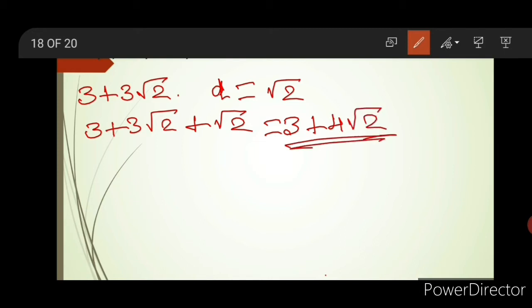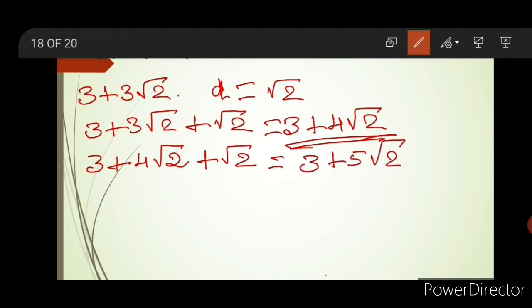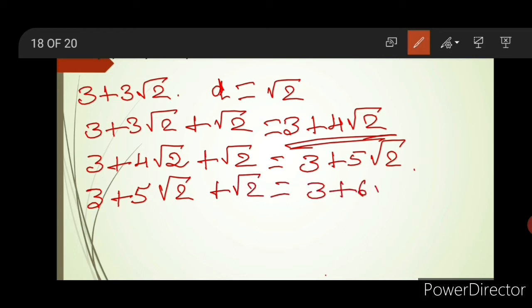So, next term is what? 3 plus 4 root 2. Then, one more term. Add common difference to this term. Then you will get the next term. Add root 2 here. You will get 3 plus 5 root 2. Next, if you want next term, add again root 2, that is common difference, is equal to 3 plus 6 root 2.